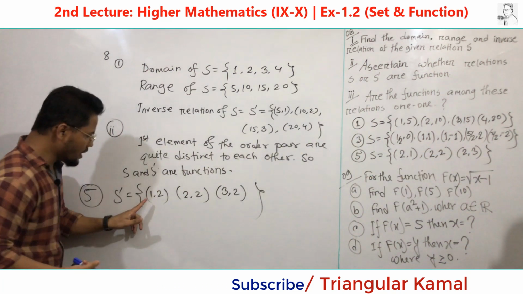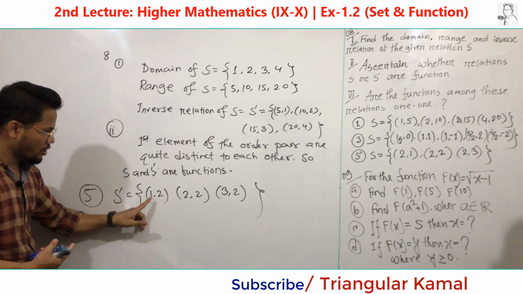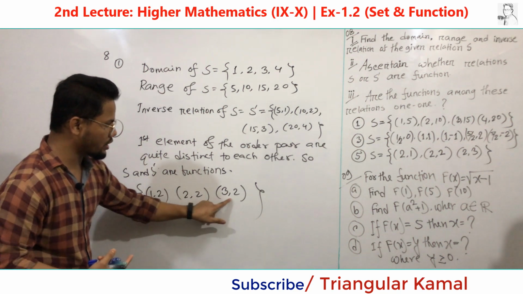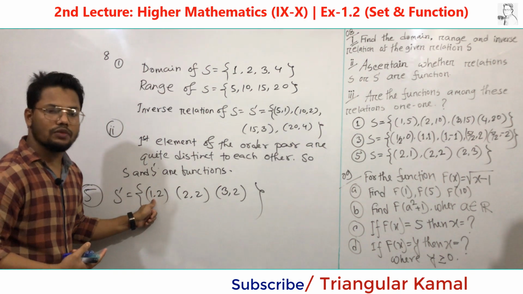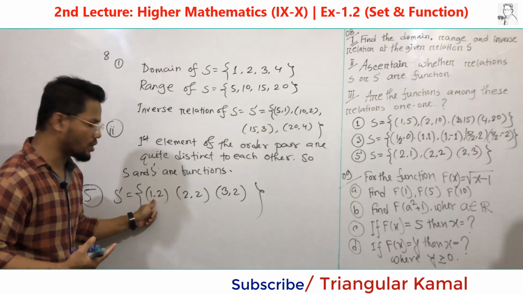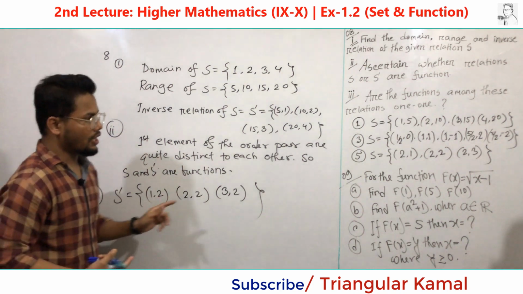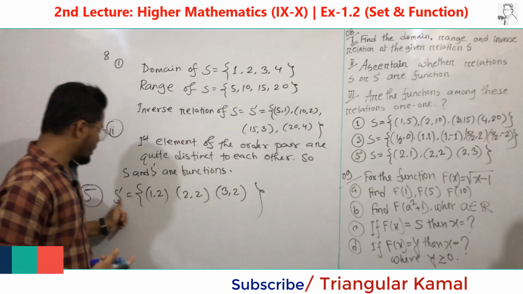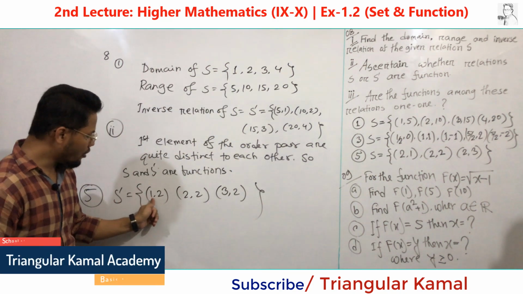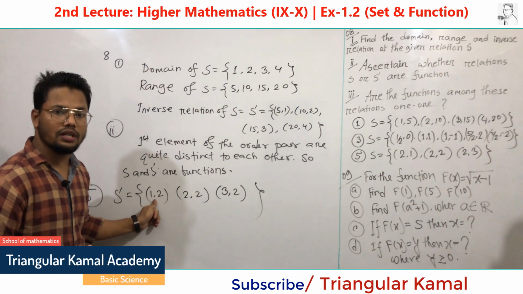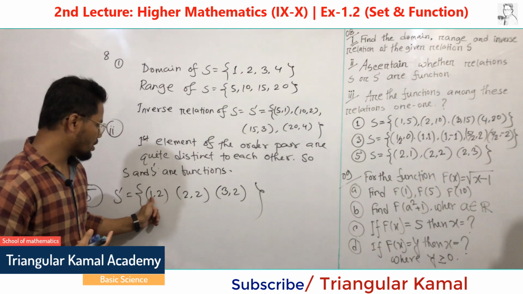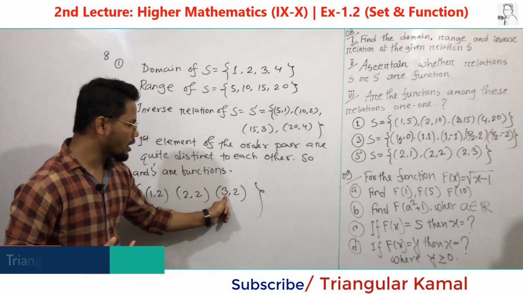But when you see the inverse relation (1, 2), (2, 2) and (3, 2), all first elements of the ordered pairs are quite distinct from each other, so S prime will be a function. Here S is not a function but S prime is a function, because all first elements of the ordered pairs are quite distinct, like 1, 2 and 3.